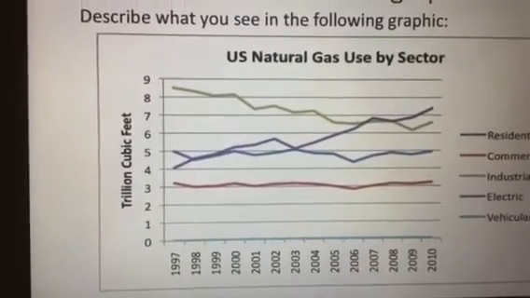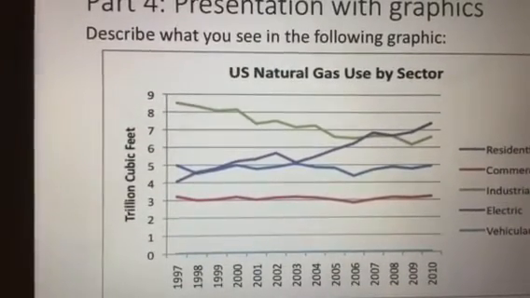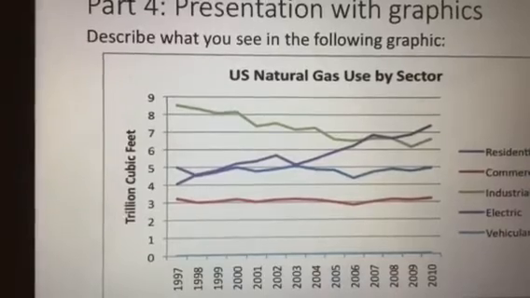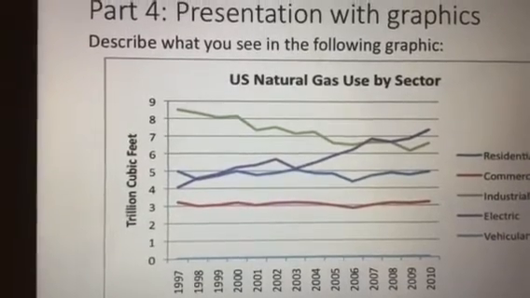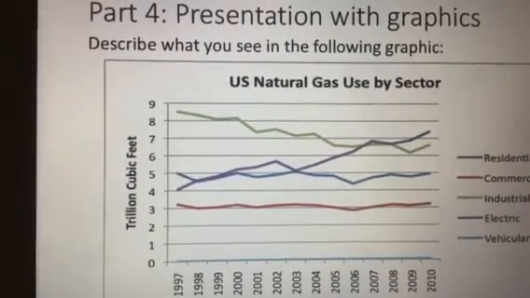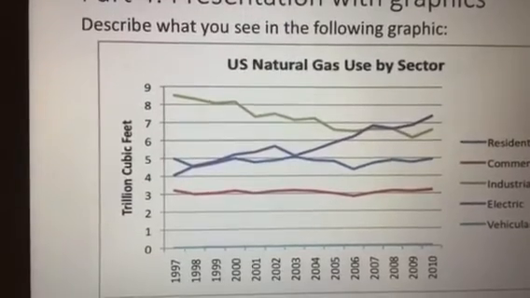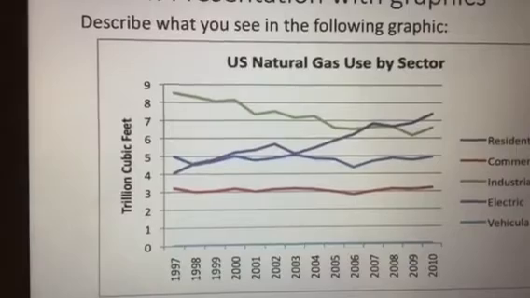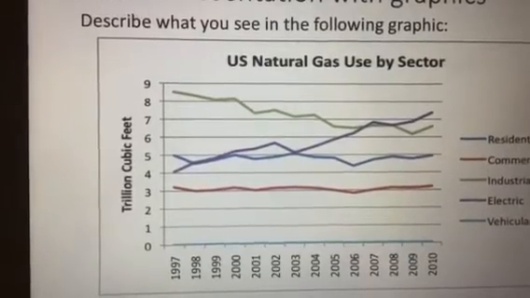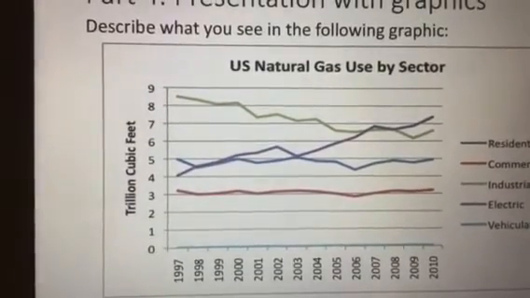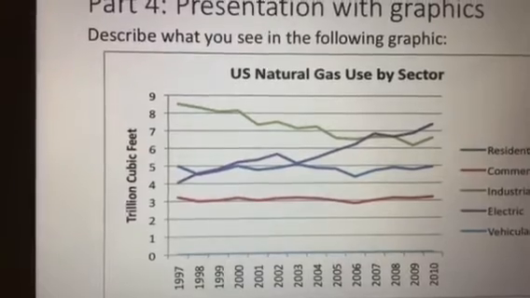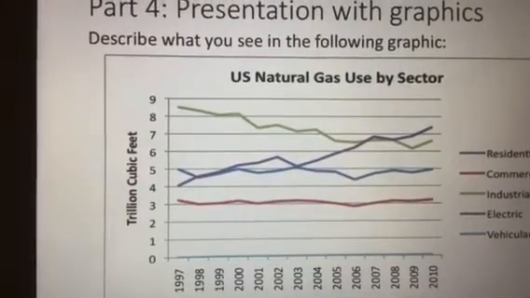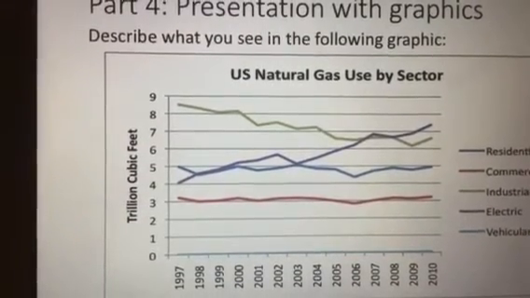Then we can see that something similar happened with residential, because it started with 5 trillion cubic feet in 1997, and it got this fluctuation, and it came up to 2010 with this same 5 trillion cubic feet.